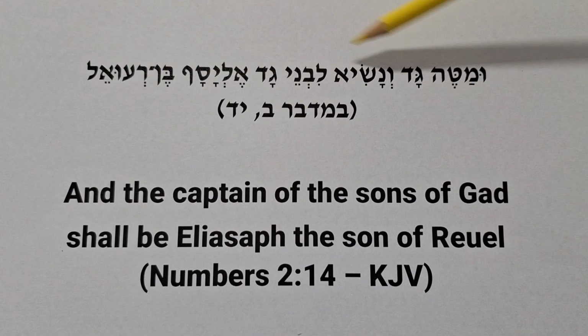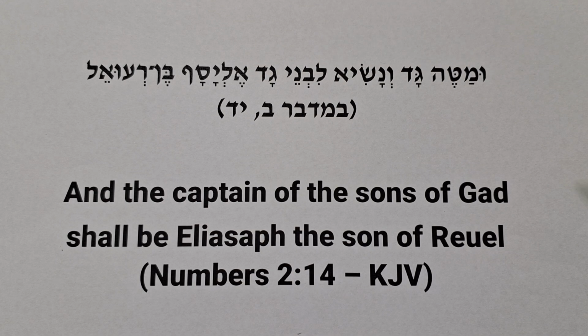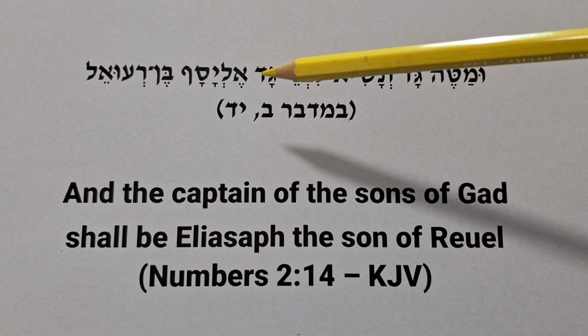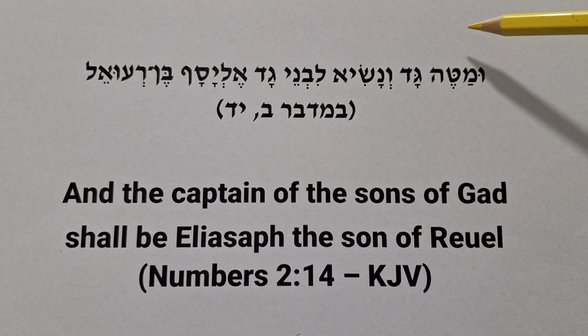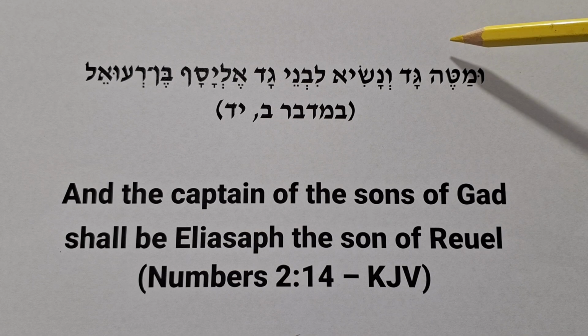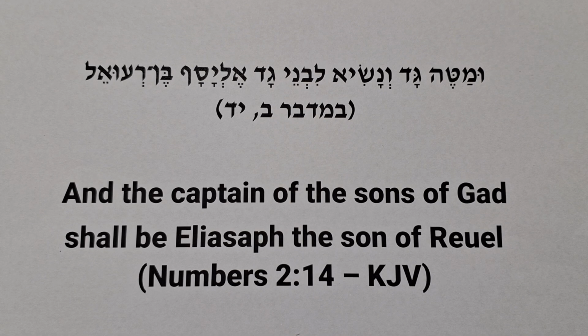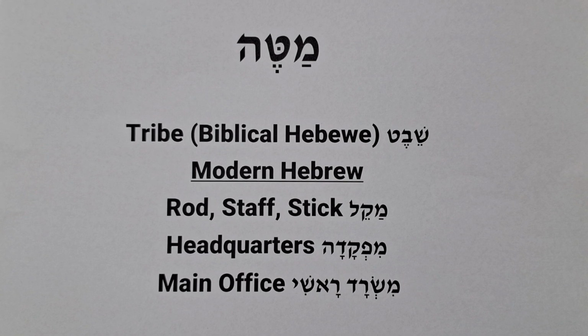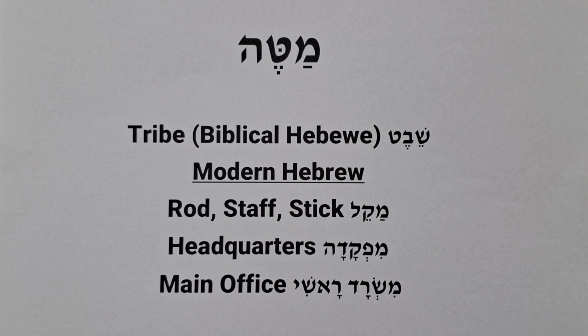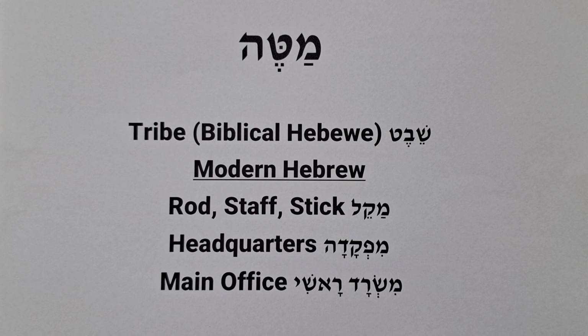Yes, these are names. And Mate, let's go to the next page, and I will teach you what is Mate in biblical Hebrew and in modern Hebrew. The meaning of the word Mate in the Bible was tribe. Nowadays, Shevet. There were 12 tribes in the Bible.